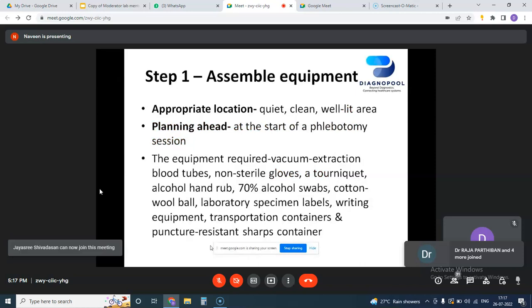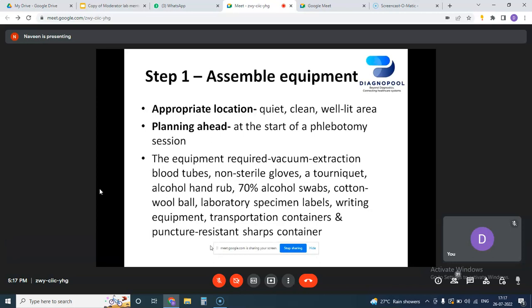So now coming to the steps of phlebotomy. The first step will be planning ahead. That is, the phlebotomist should select the appropriate place.